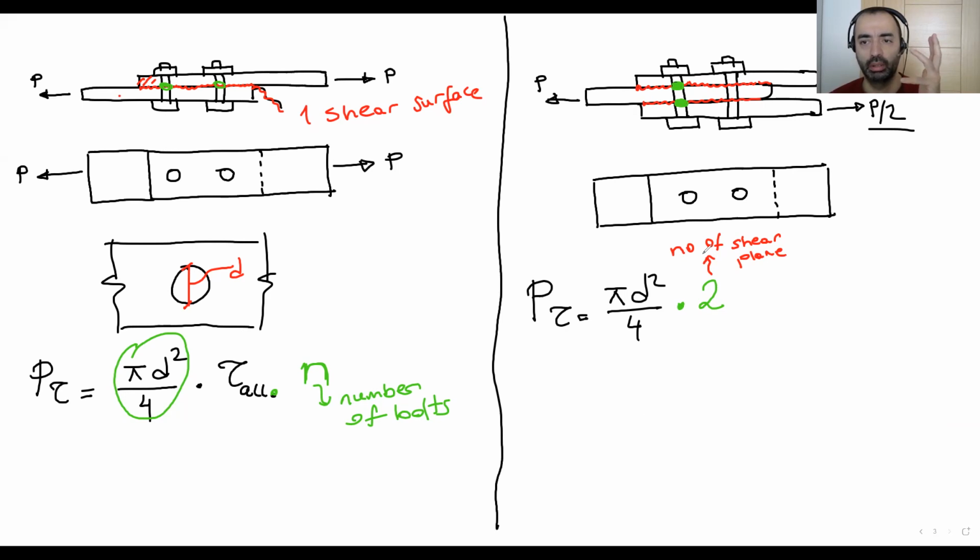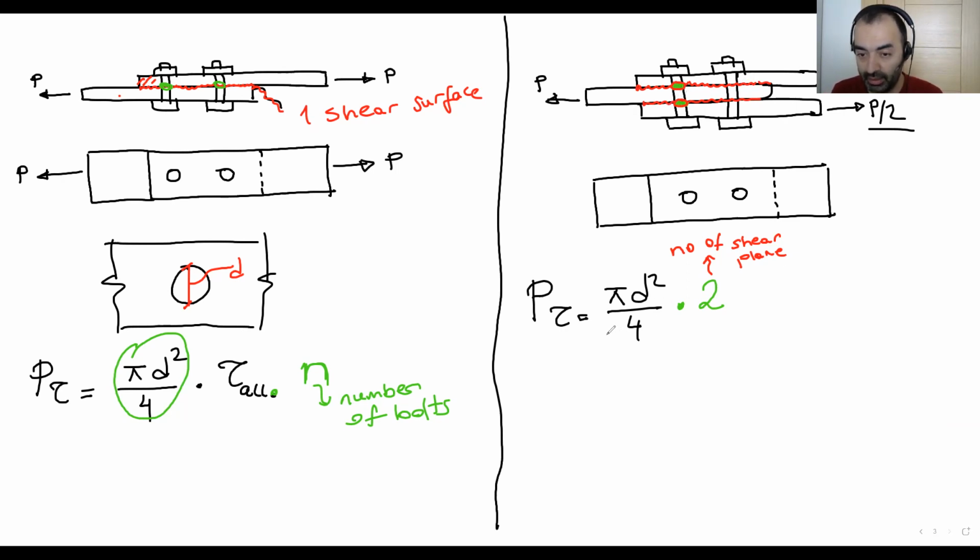If we increase the number of shear planes, you have to be careful. You have to check the logic. Look at the number of touch surfaces. In each touch surface, a bolt area works. As you can see, we have two bolt areas which work for shear.